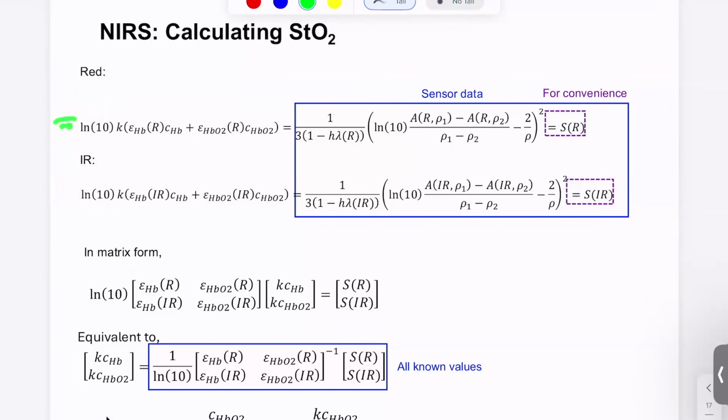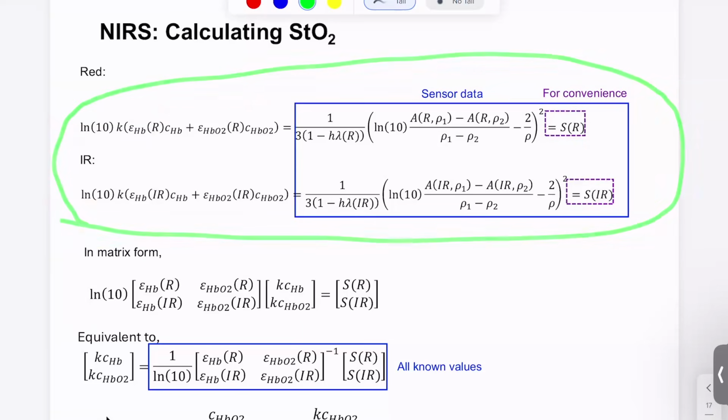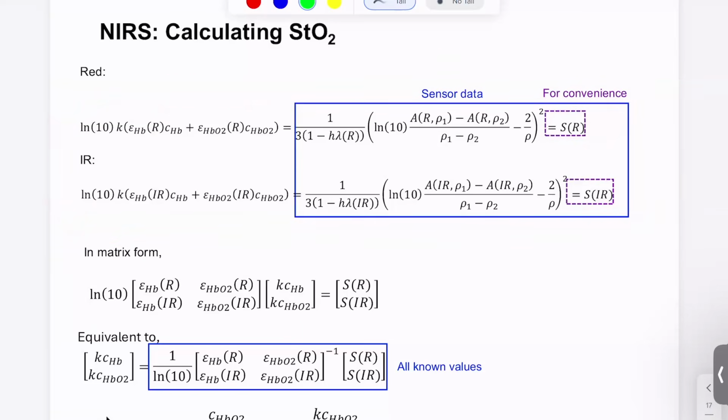Then with two equations and two unknowns, we can solve for the absolute values. So NIRS gives you the absolute concentrations of oxygenated and deoxygenated hemoglobin. But for the purpose of StO2, we just need the ratio. So one LED is okay, but we have the capability to get their absolute values. So that's why we use three LEDs.